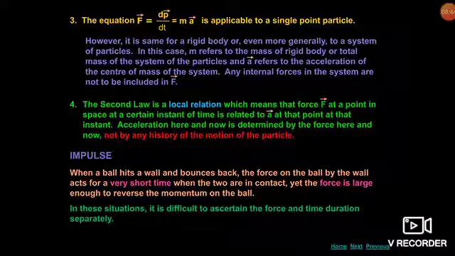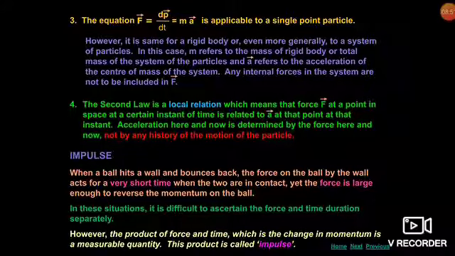In these situations, it is difficult to ascertain the force and time duration separately. However, the product of force and time, which is the change in momentum, is a measurable quantity. This product is called impulse. So impulse actually is that force which acts on a body for a very short interval of time.